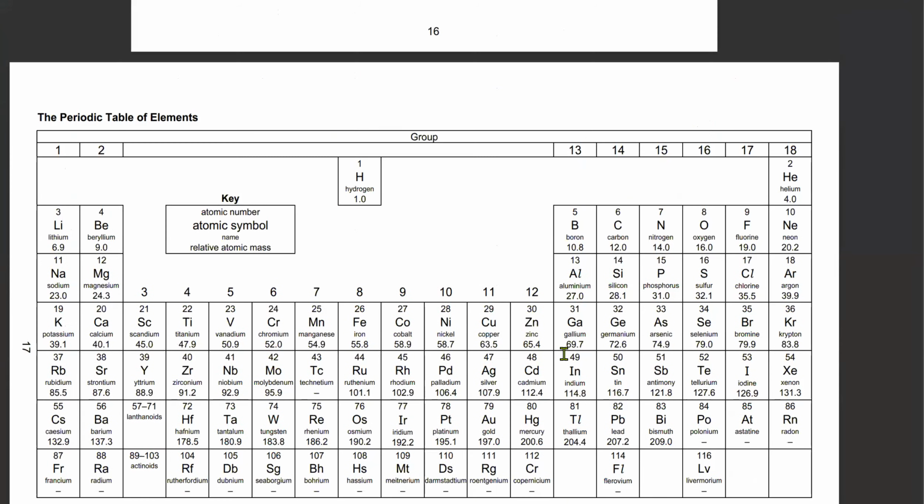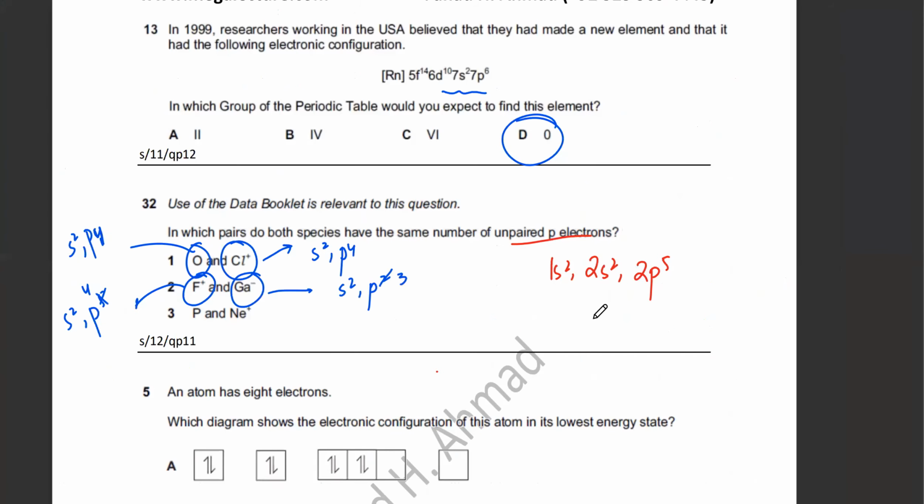Gallium is, yes, in group 3. So -1 means that it's now in group 4. So that part looks fine. So gallium was actually group 3. Sorry, this is wrong. The electronic configuration of group 3 would be S2P1. But since gallium is -1, it's going to become S2P2.